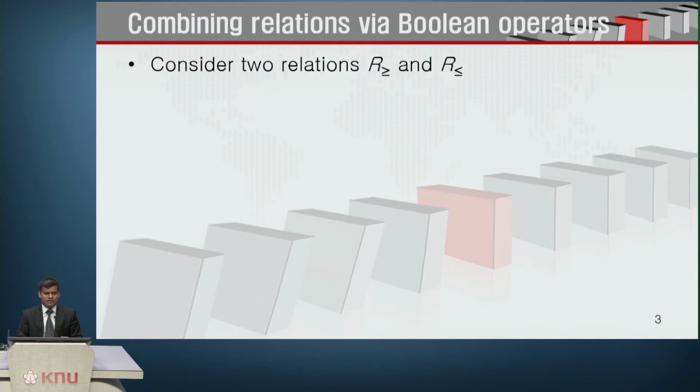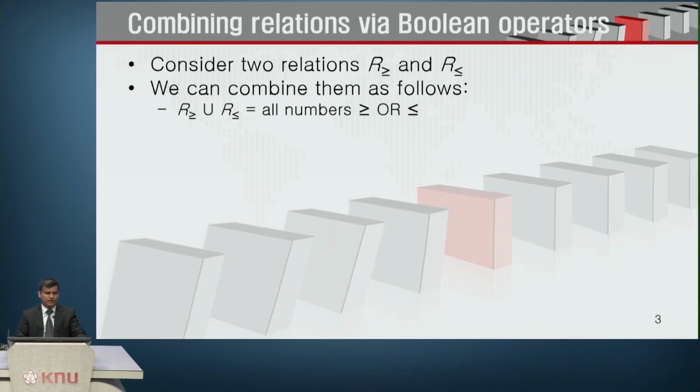For example, consider 2 relations: R1 that is greater than or equal to, and R2 that is less than or equal to. We combine them as follows: greater than or equal to, union, less than or equal to. This equals all numbers greater than or equal to or less than or equal to.